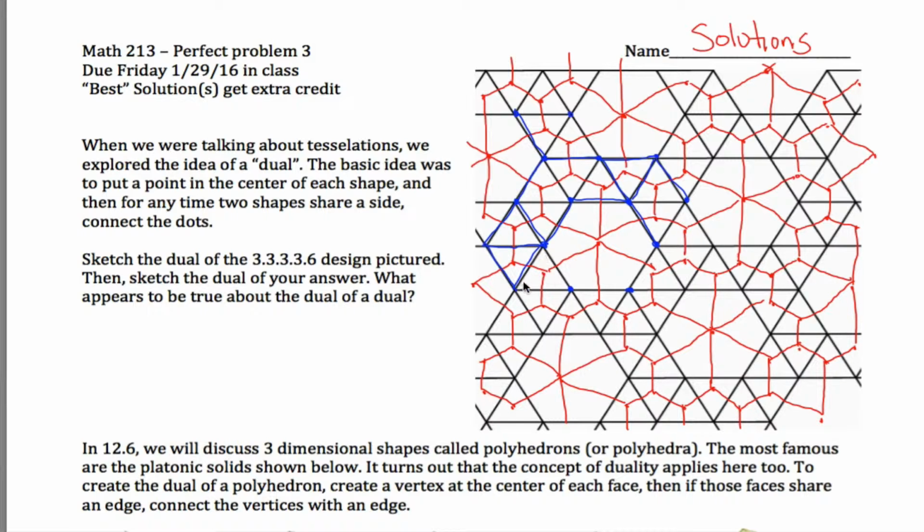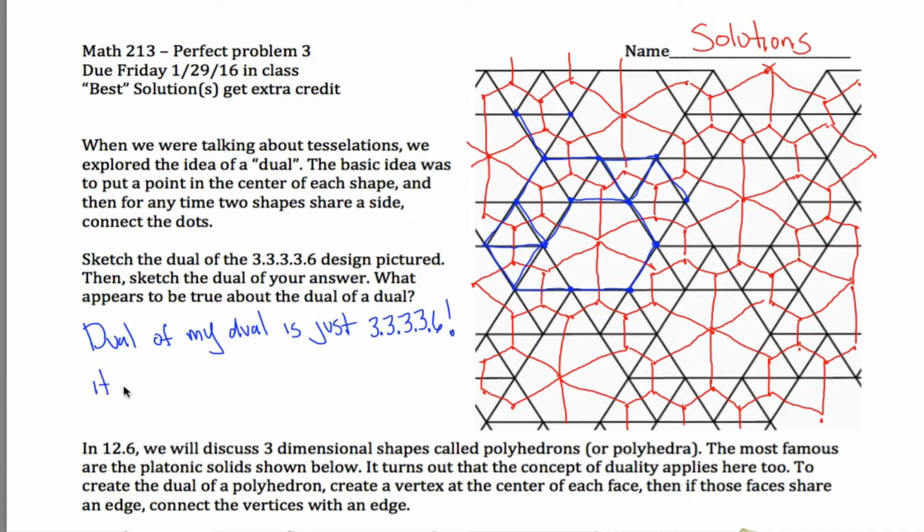What I'm figuring out here as I make this picture, and I think I'm going to stop at some point, is that the dual of my dual is just this original design, 3.3.3.3.6. Exclamation point. Maybe you're excited. Maybe you're not.